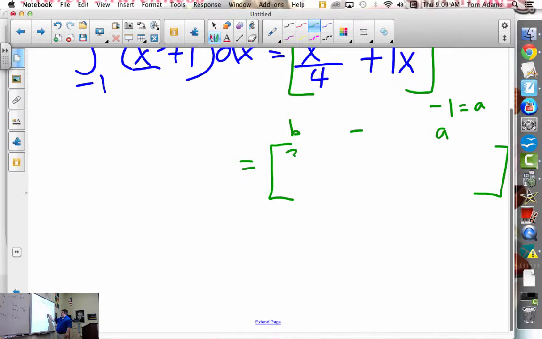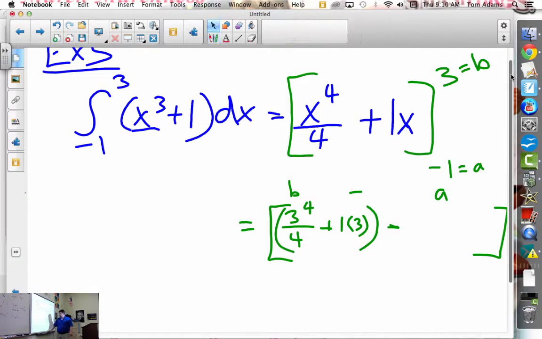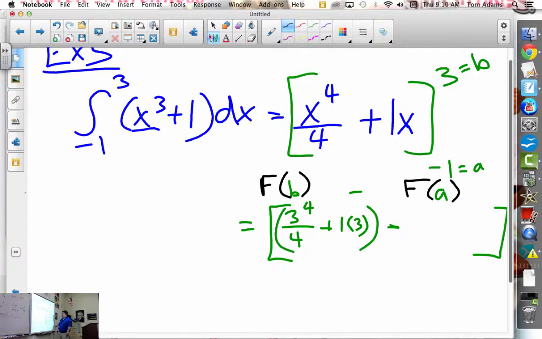So I'm going to say 3 to the 4th power over 4, plus 1 times 3, minus. What I did there, just in case you're wondering, is I'm evaluating capital F of b minus capital F of a. I'm plugging in the 3 for b, just plugging in a 3 wherever there's an x.